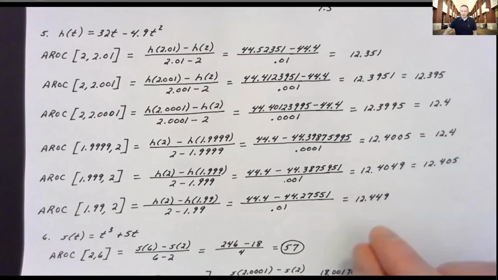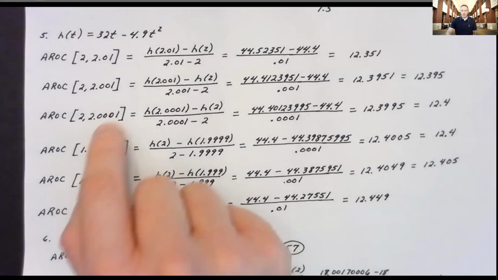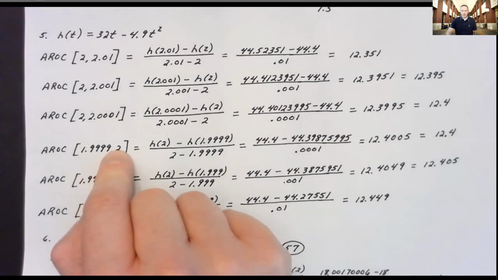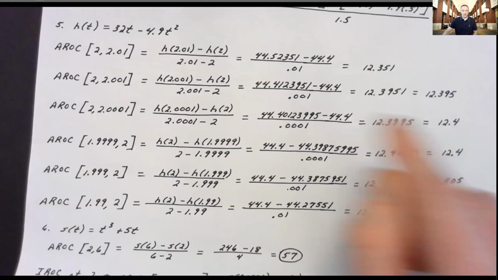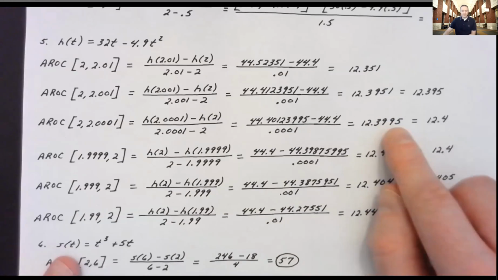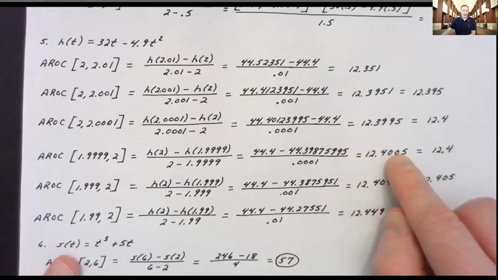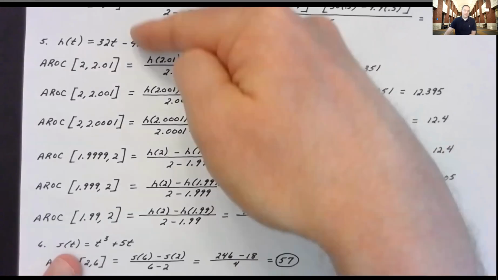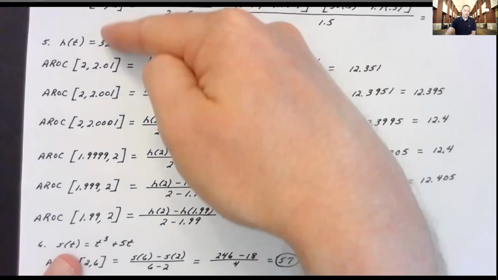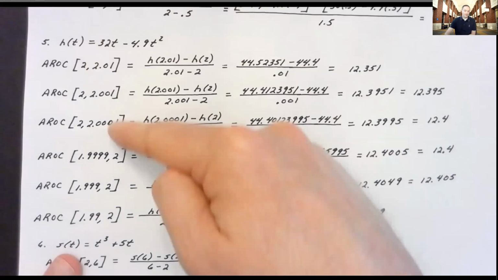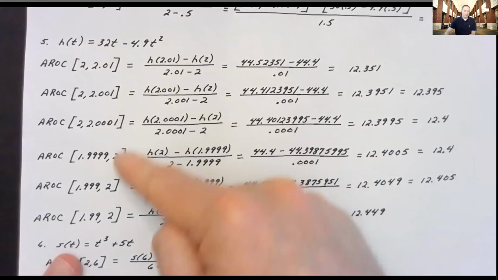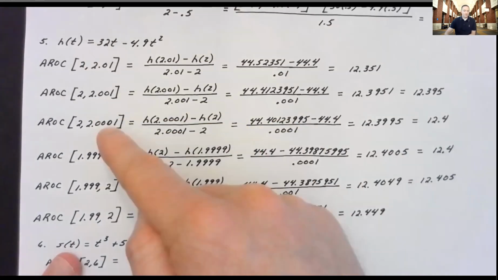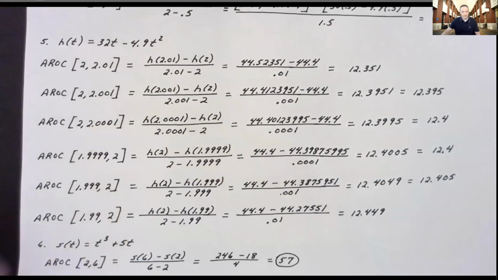But please remember, the more accurate you are with your average rate of change, the less time that elapses, the closer and closer you're going to get. In order to see the pattern, you need to do several of them out. I usually do it above the value. I'm not really fond of doing it below the value, but they both work. There's going to be a pattern in either case.